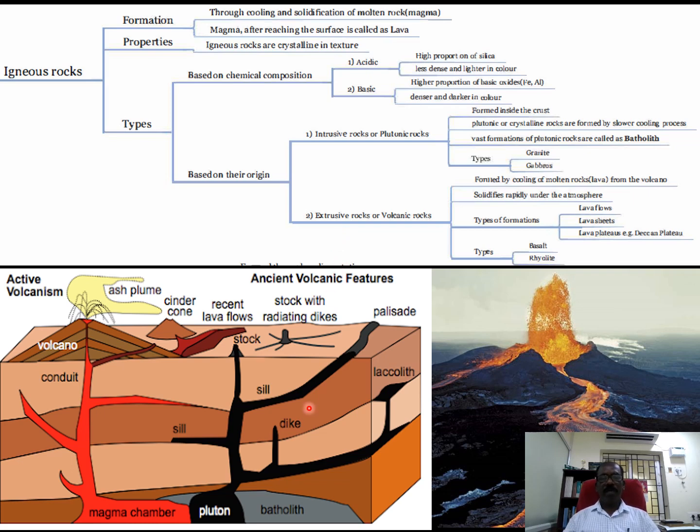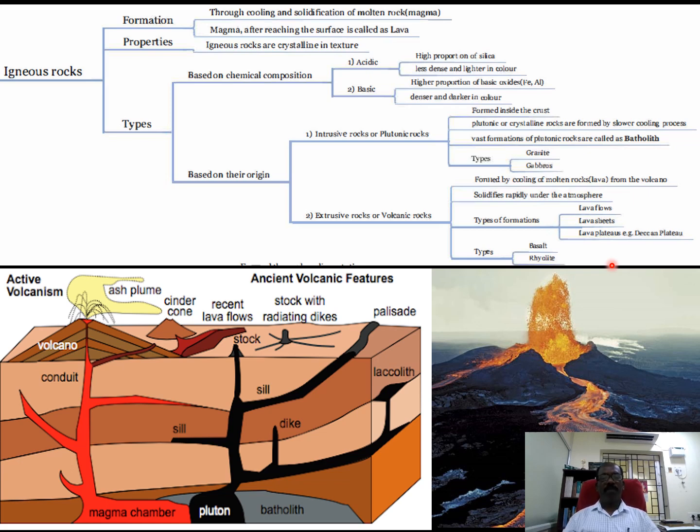When magma comes to the surface of the earth, it is known as lava. Lava solidifies on the surface of the earth, gets cooled down and forms rock. That is called volcanic rock. These volcanic rocks are formed in different types: lava flows, lava sheets and lava plateaus.